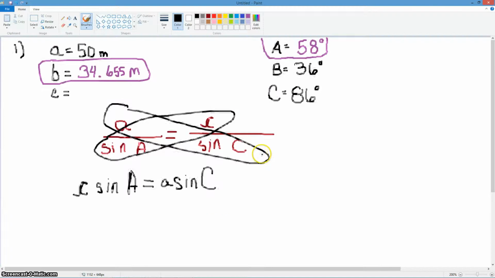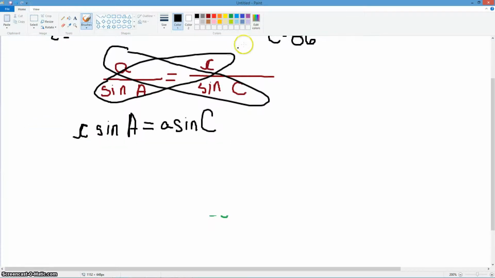Okay, I'm looking for my last piece of info, which is little c, so I'm going to isolate that by dividing both sides by sine of A. And whatever I do to one side, I have to do to the other. That's why.